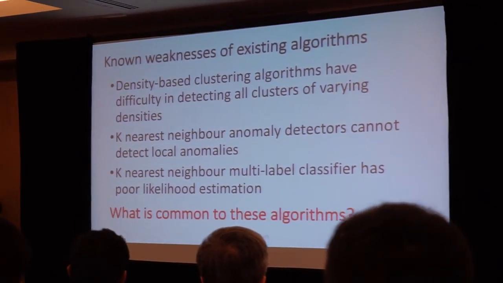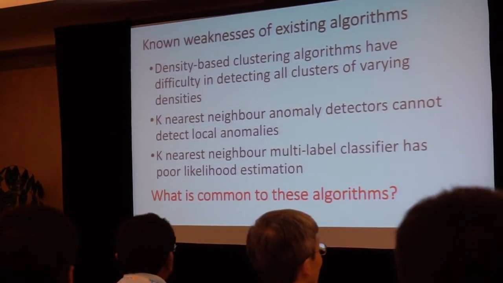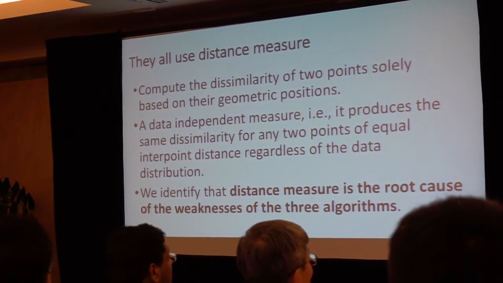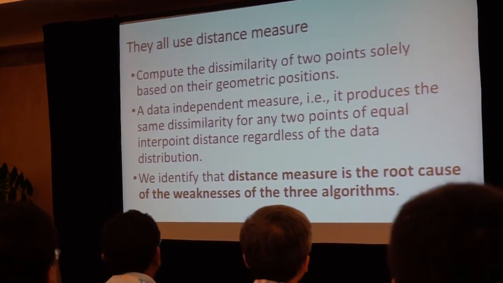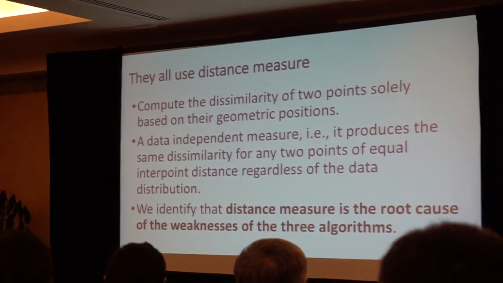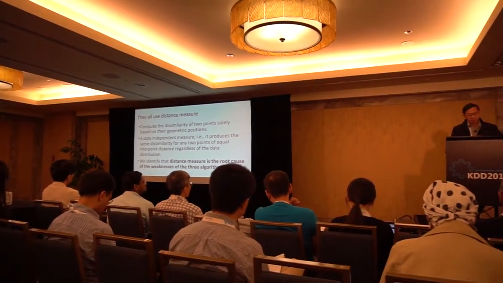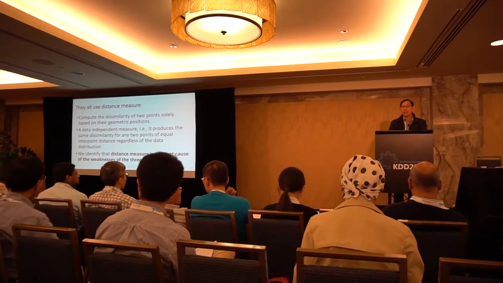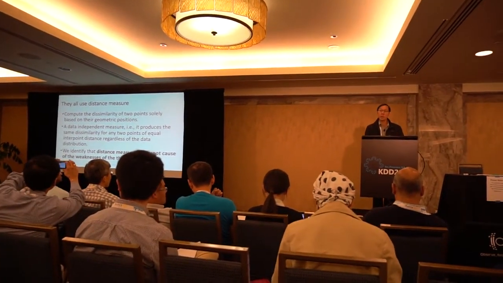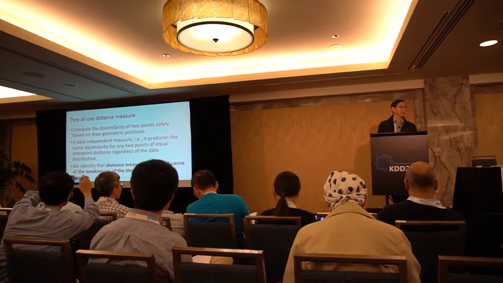So, what is common to these algorithms here? Well, they all use a distance function. We all know that if you use a distance function, you compute the dissimilarity of 2 points solely based on the geometric position of the 2 points.